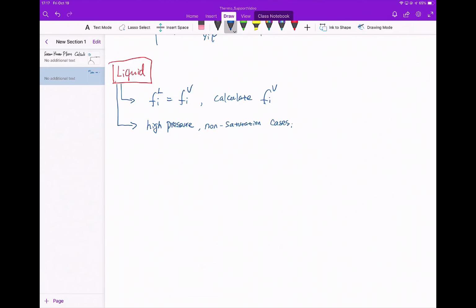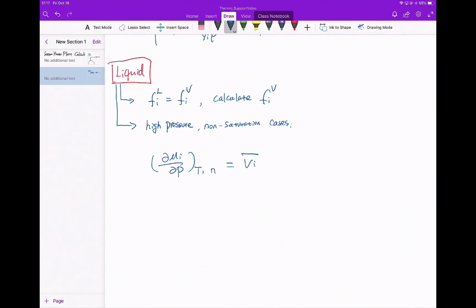So I hope you still somehow recall that we are using two equations. One is d mu i over dP at fixed temperature and composition is Vi partial.